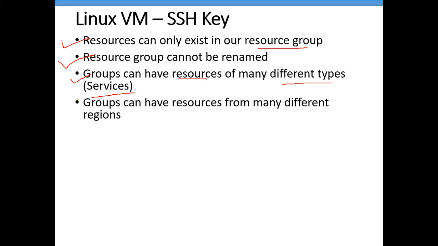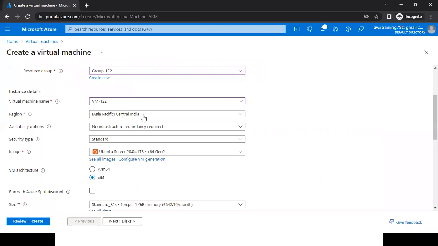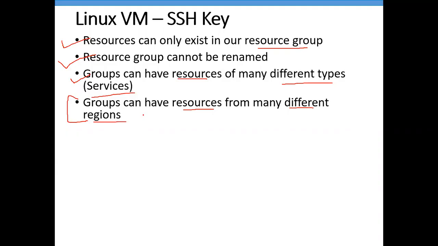And one important point, this might be your interview question. Resource groups can have resources from many different regions also. Like, I have created this resource group in Central India. But I can create my virtual machine in any other region, means in any other data center, than my resource group.